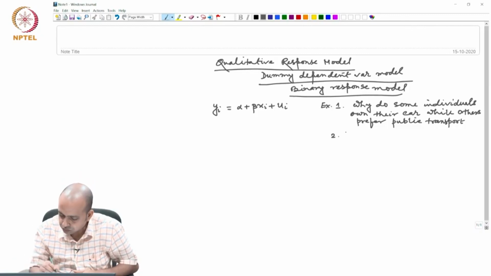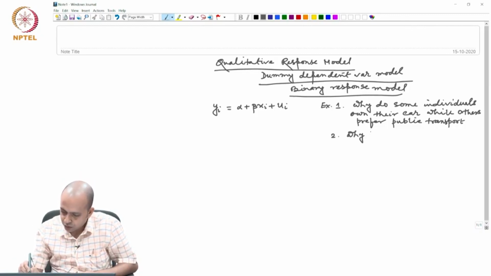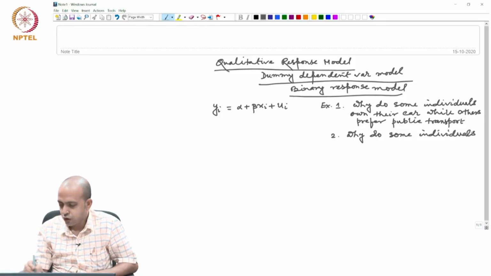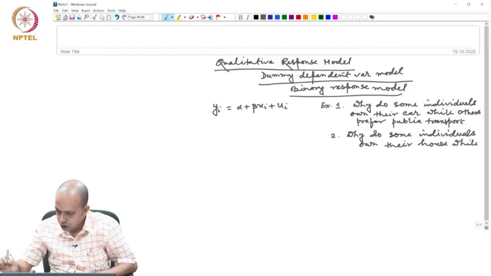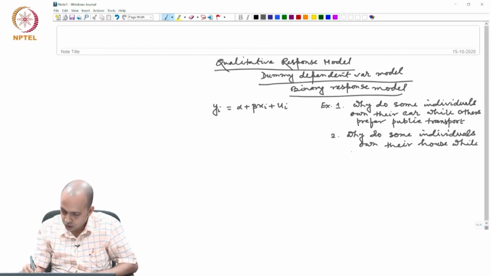Example number 2, why do some individuals own their house while others prefer to stay at a rented apartment.